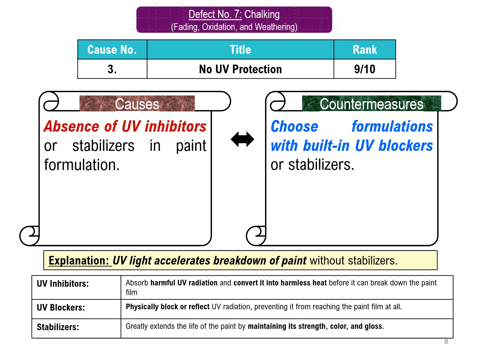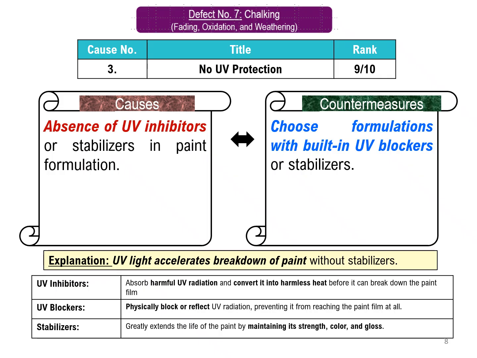The third important cause is absence of UV inhibitors or stabilizers in the paint formulation. UV inhibitors absorb harmful UV radiation and convert it into harmless heat before it can break down the paint film. Whereas UV blockers physically block or reflect UV radiation, preventing it from reaching the paint film.